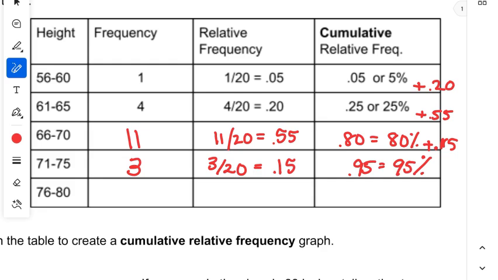Then 76 to 80, we only have 1, so 1 out of the 20, which is 5. So we add. So whenever we finish, we should come up with 1 or 100%, because cumulative is at that number or less, or the previous. So that is how percentile happens.